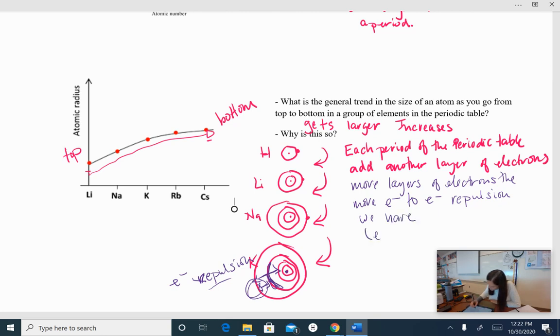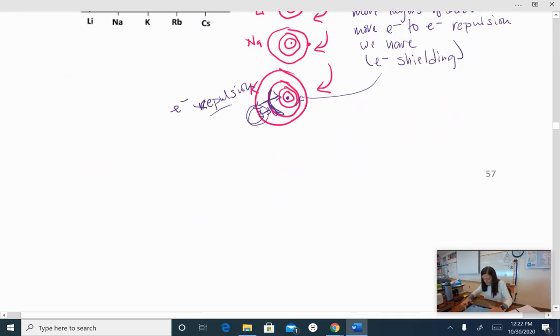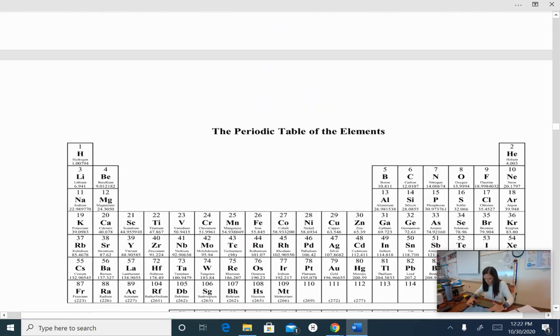That's called electron shielding. These inner electrons shield the outer electrons from the pull of the positive nucleus because electrons next to electrons repel each other.